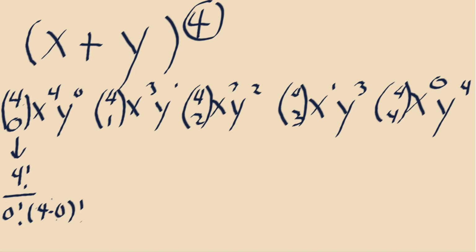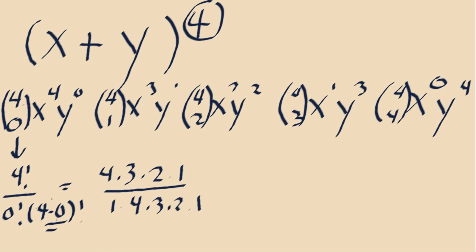Now, 4 factorial is 4 times 3 times 2 times 1 over, now 0 factorial by definition is 1. Now 4 minus 0 factorial is also 4 times 3 times 2 times 1. So all of this will be reduced to 1. Okay, so our first coefficient is going to be equal to 1.